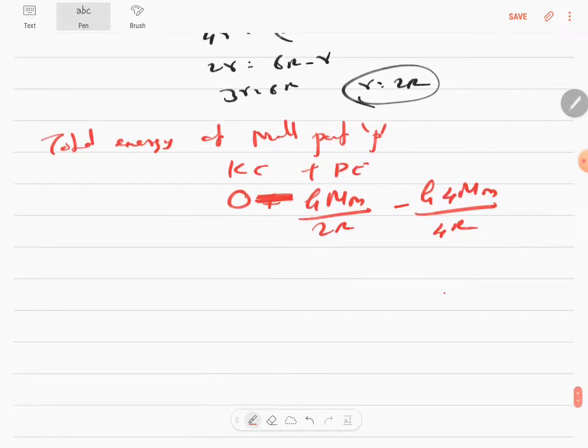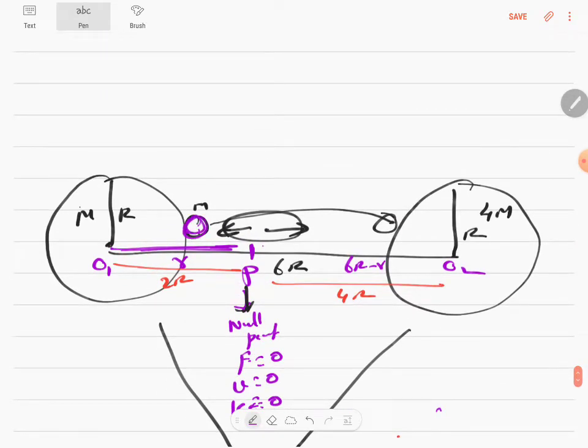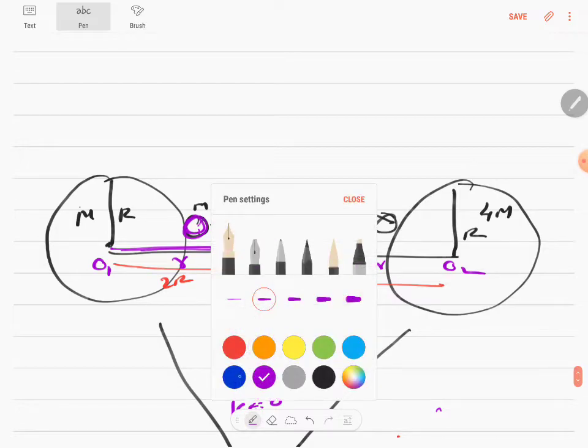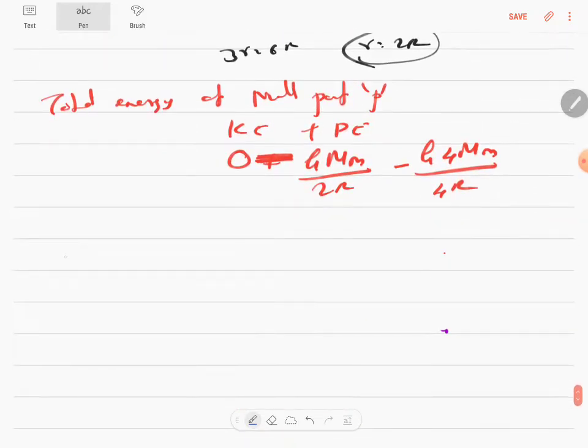So this is the total energy at the null point, which will be equal to the total energy at the beginning, when you are about to throw it, when the ball is on the surface. It will have kinetic energy plus potential energy, initial.